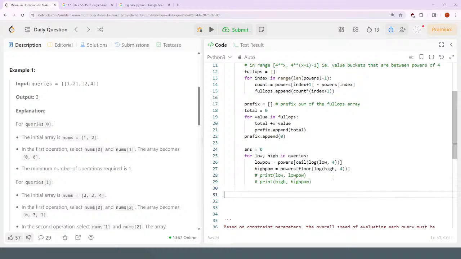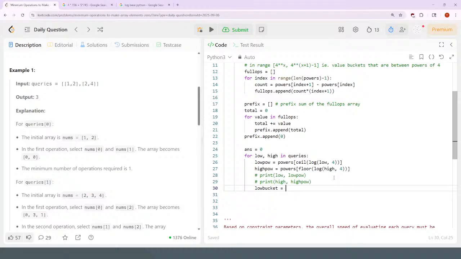So the low bucket is going to be the count of things from the low value to the low pow minus 1. In theory, that could be 0 because low pow minus 1 could actually be below low.